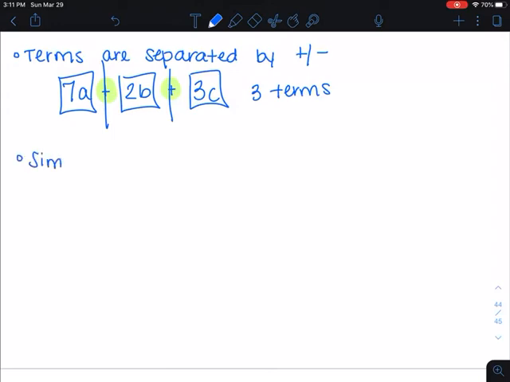Alright, let's simplify. If I had 2a plus 7b plus b plus 3a, I always like to symbolize, so my a's will be like a straight line, my b's will be like a squiggly line, so you know what's being combined with what.